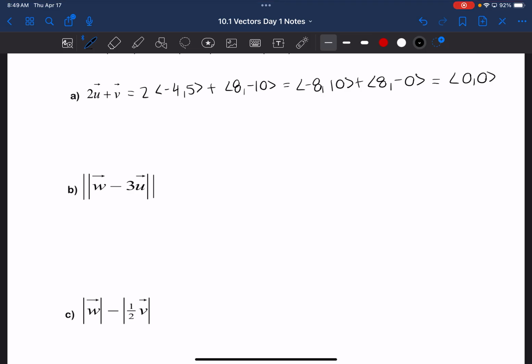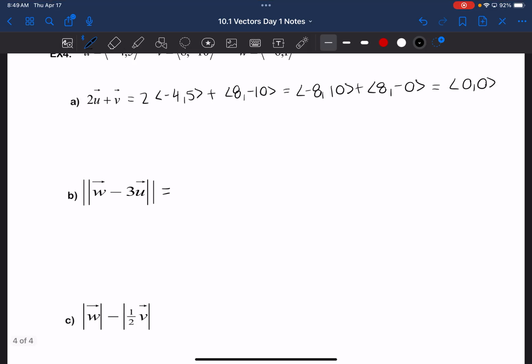So here we're going to have vector w, and I'm going to subtract 3 times vector u, which was (-4, 5). If we are using order of operations, we're supposed to multiply before we add or subtract, right? So I need to distribute this.